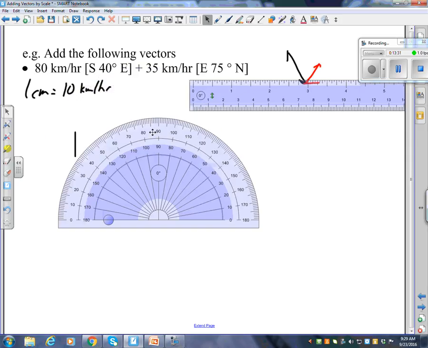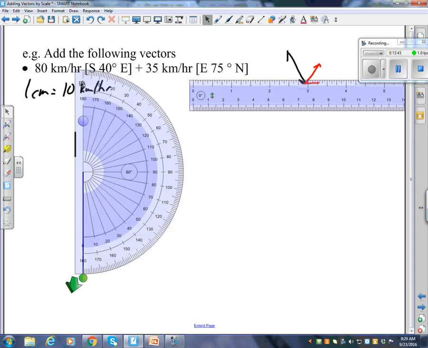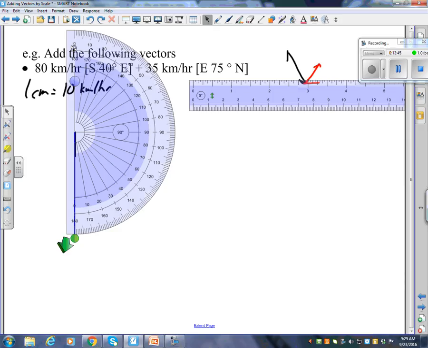So put your protractor at 0 at south. At the top now, because that's my south, right? South 40 east, so I'm going to 40, right? Right there.